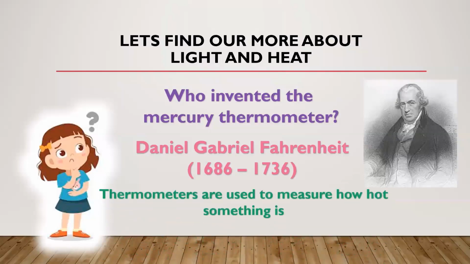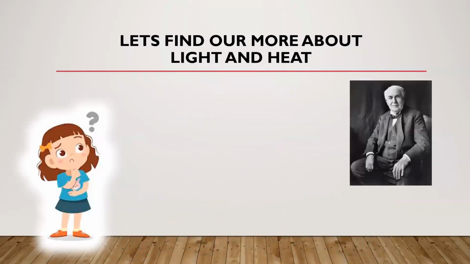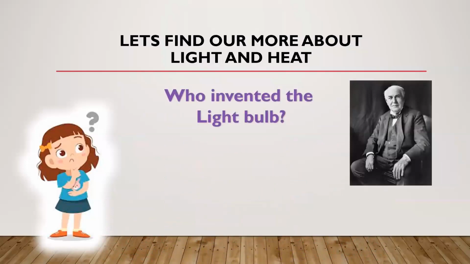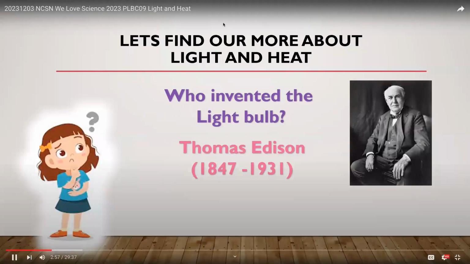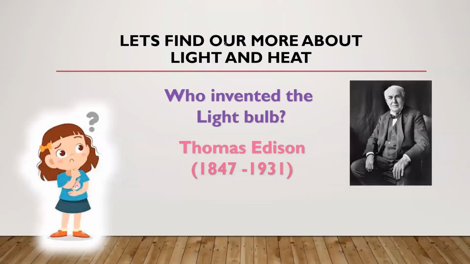Next up, who invented the light bulb? The light bulb is an important part of our daily lives. Sir Thomas Edison worked on thousands of materials before he managed to find one that allows the light bulb to light up. He finally succeeded due to his creativity and perseverance. Imagine Sir Thomas Edison gave up halfway.